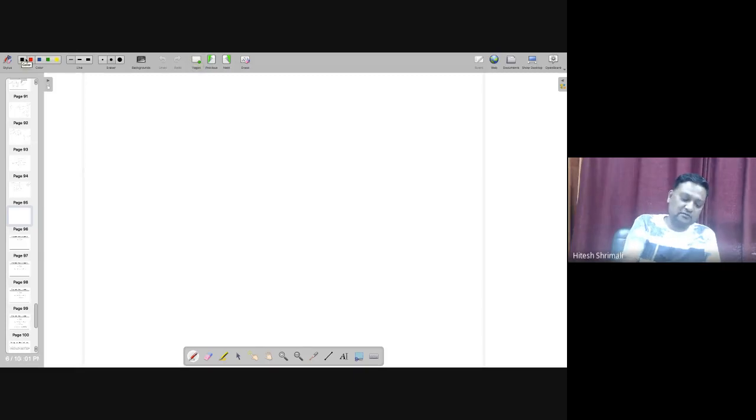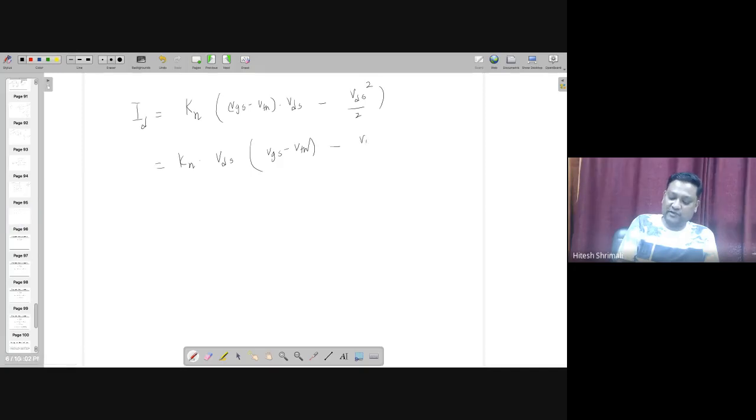Moreover, we also learned the drain current, whichever region my transistor is in. For an NMOS transistor, this is equal to Kn times (VGS minus VTH) times VDS minus VDS square by 2. Some people also write it like this: Kn times VDS times (VGS minus VTH minus VDS by 2).